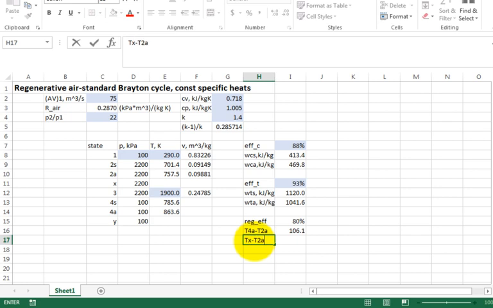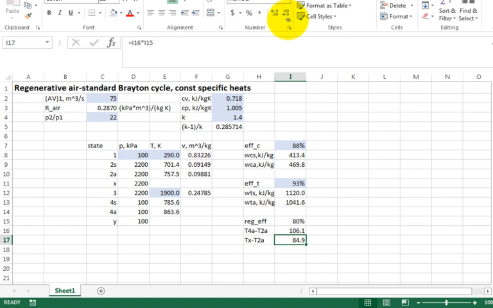X is what comes out of the regenerator before it goes into the burner or combustor, and that's equal to this maximum temperature change times the regenerator effectiveness. I need to clean up those digits.